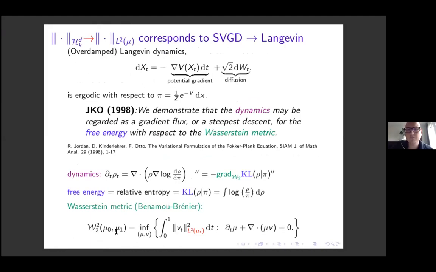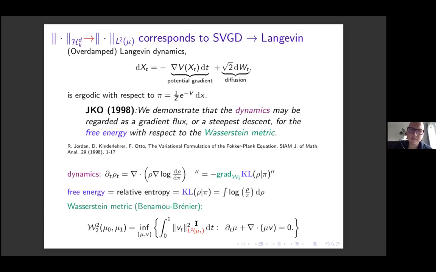So this is the Benamou-Brenier formulation, which has the same interpretation as I explained before, only that the norm of the driving vector field is now exchanged, right? And the brilliant insight by Benamou-Brenier was that this in fact equals the usual formulation of the Wasserstein distance in terms of couplings between mu0 and mu1, where you look for the coupling which minimizes some cost.